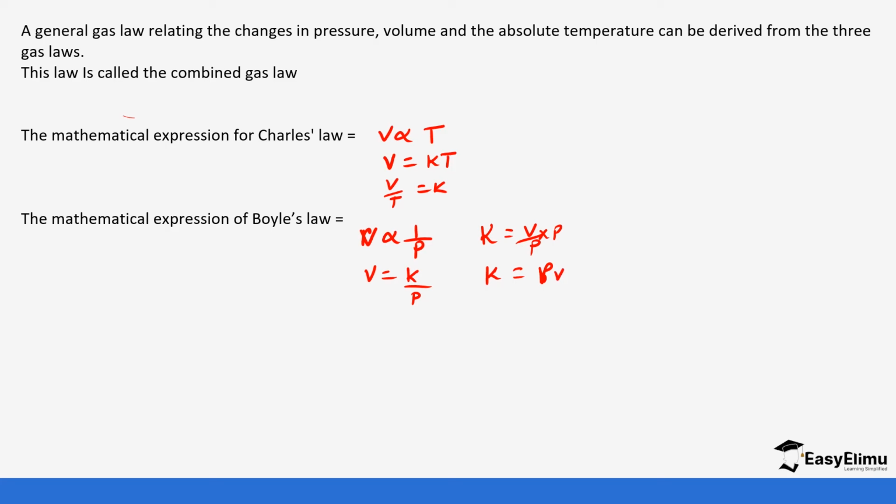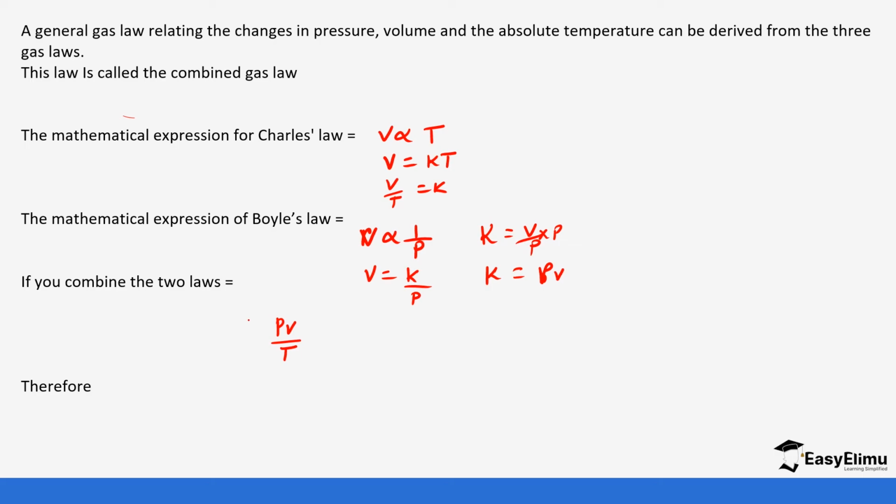So if you combine the two laws, you multiply both, and you notice when you combine those two laws, you're going to get PV over T. That is going to be the combination.